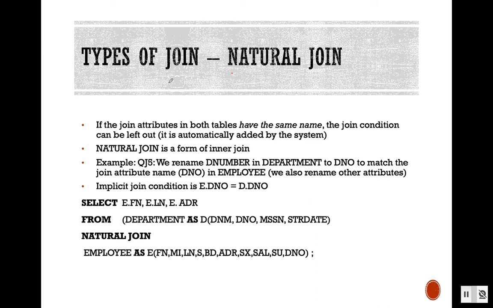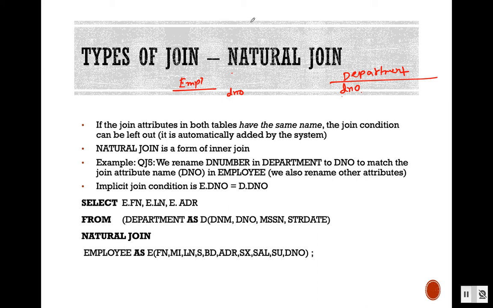For example, we have an employee table where the attribute name is DNO, and we have a department table where the department number attribute name is also DNO. So we have two tables where the attribute name is the same.